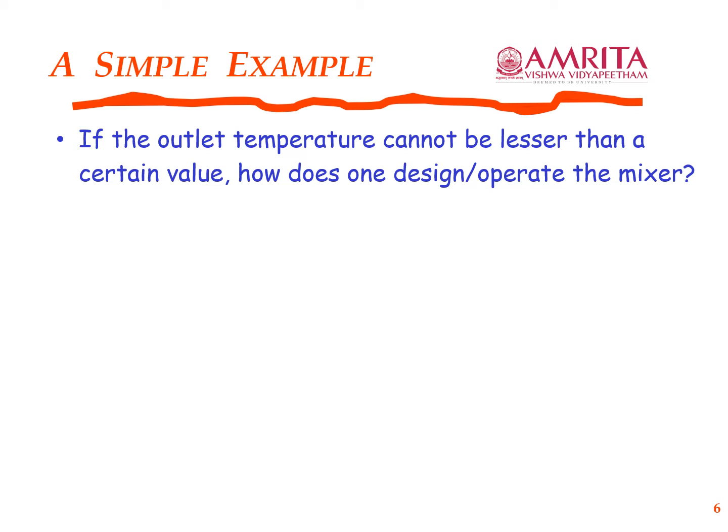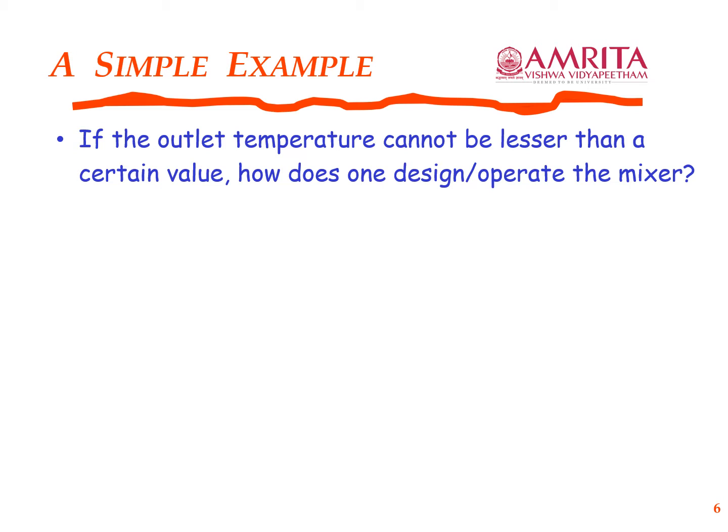If the outlet temperature cannot be lesser than a certain value, then how does one design or operate the mixer? Now, I hope you can see that I am placing an operational constraint on the outlet temperature of the mixer.